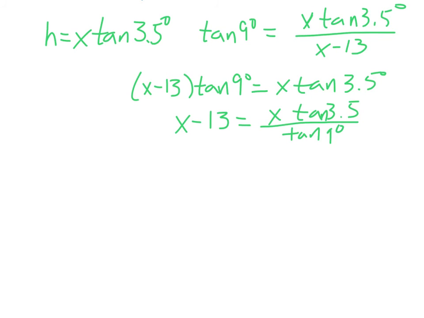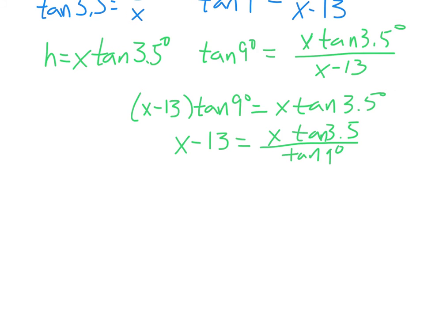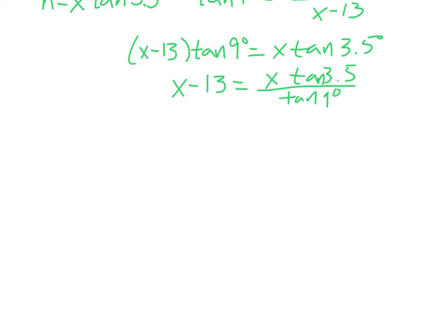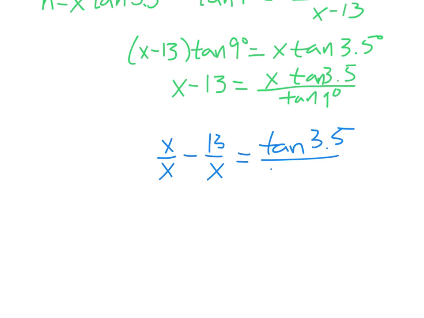But if I divide everything by x, I'm going to get x over x minus 13 over x equals this number. So again, that's 1 minus 13 over x equals this number.